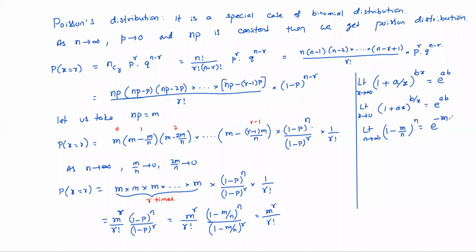And limit n tends to infinity of 1 minus m by n to the power of r will obviously be 1, you can check it. That means instead of n, a smaller value r is there, so obviously it will be 1, so the denominator will become 1. Finally, probability of x equal to r is nothing but m power r by r factorial into e power minus m.